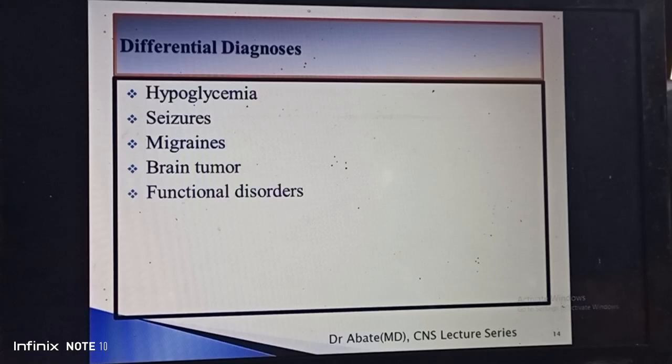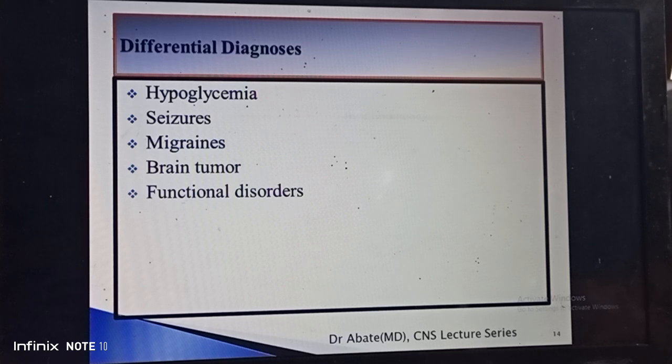The other thing is migraine. Patients with migraines also may mimic some features of stroke. So migraine headache is also a possible differential diagnosis for stroke. The other thing is brain tumor. Patients with brain tumor, due to compression effects in certain parts of the brain, might present with weakness or other neurologic deficits in certain parts of the body.